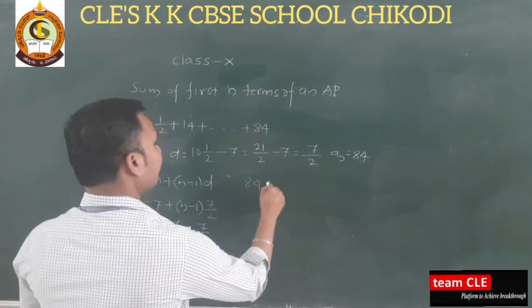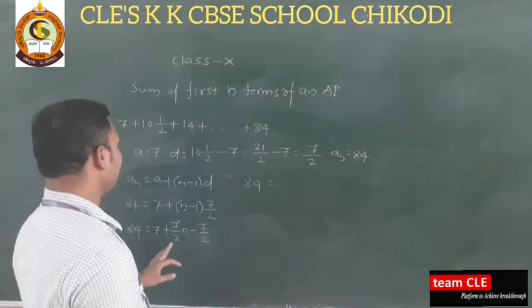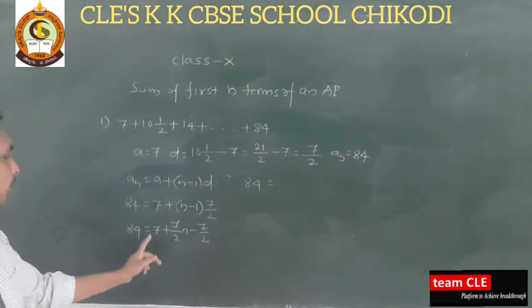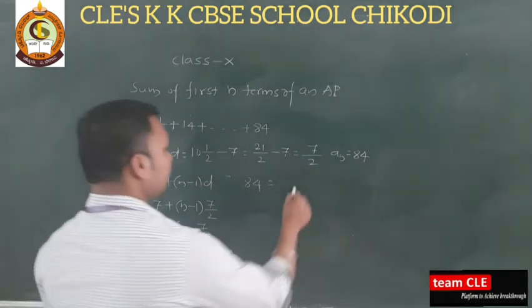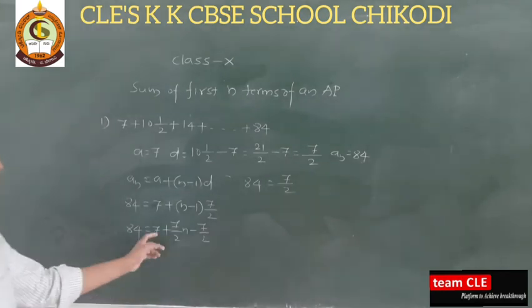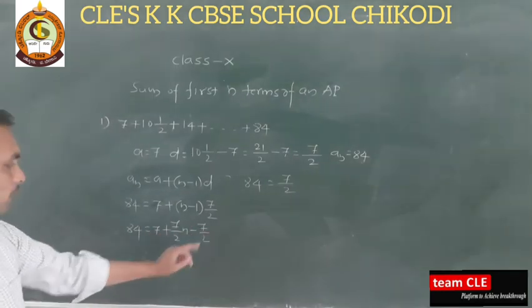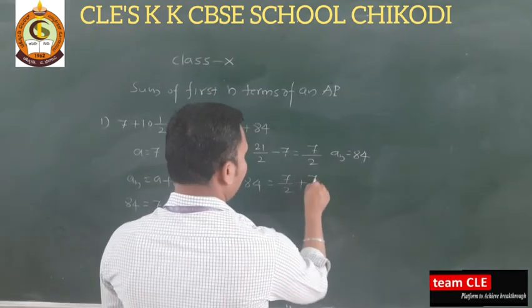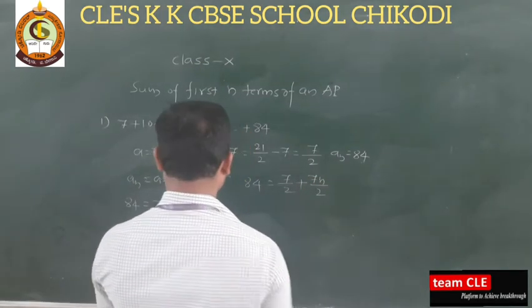Now 84 is equal to 7 minus 7 by 2. Two 7s are 14, 14 minus 7 gives 7 by 2 itself, plus 7n by 2.